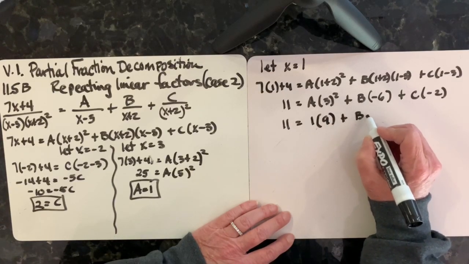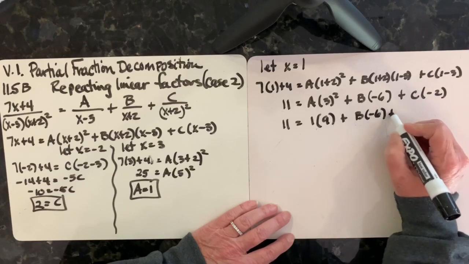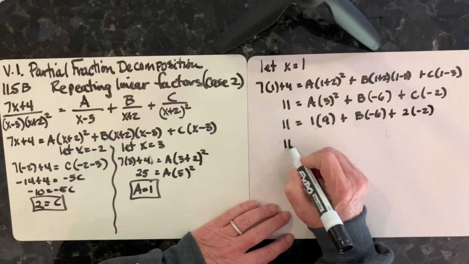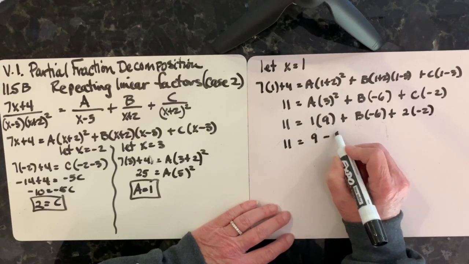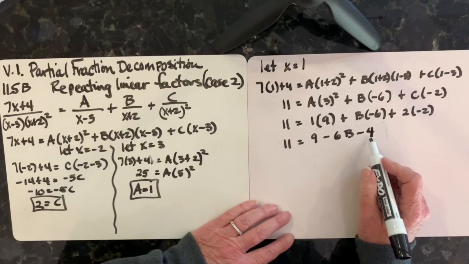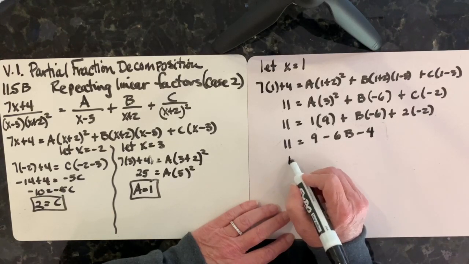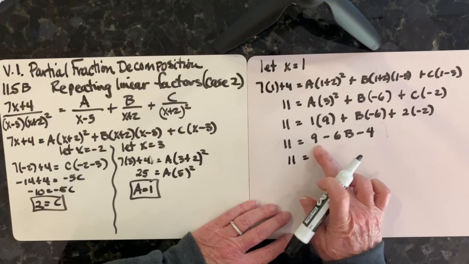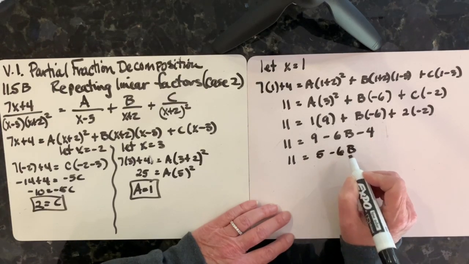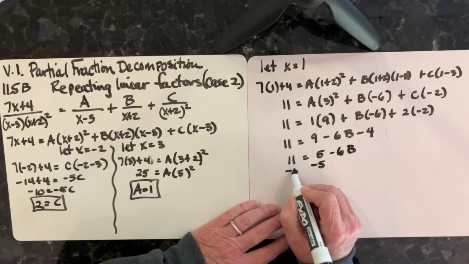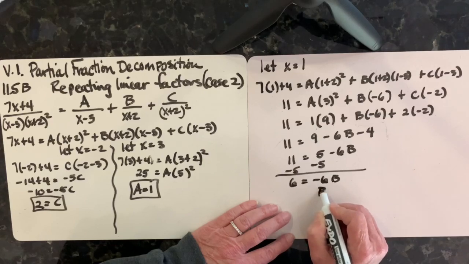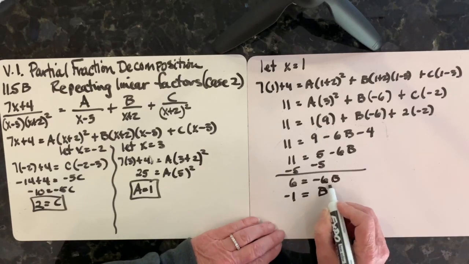B we didn't have, so that'll be times -6. And c we had, which was 2. So now I have 11 equals 9 minus 6b minus 4, right? So now I've got 11 equals 9 minus 4, which is 5 minus 6b. I'm going to subtract 5, and I get 6 equals -6b, so b equals -1.